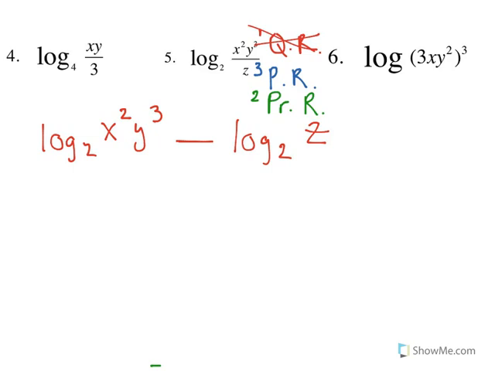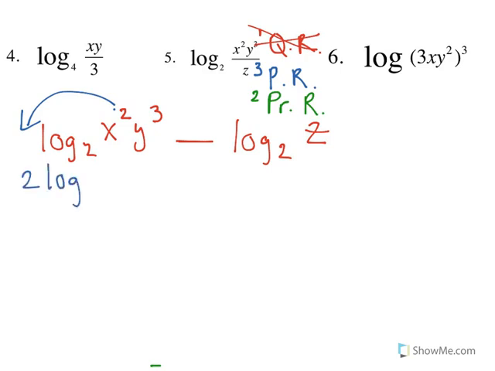Now, again, let me talk you through how I am choosing what to do next. If I try to do the power rule right now, I would mess this up royally, because I would say, okay, let me pull the 2 out front. Well, if you pull the 2 out front, what you're saying is that 2 is a power of the variable x and the variable y.